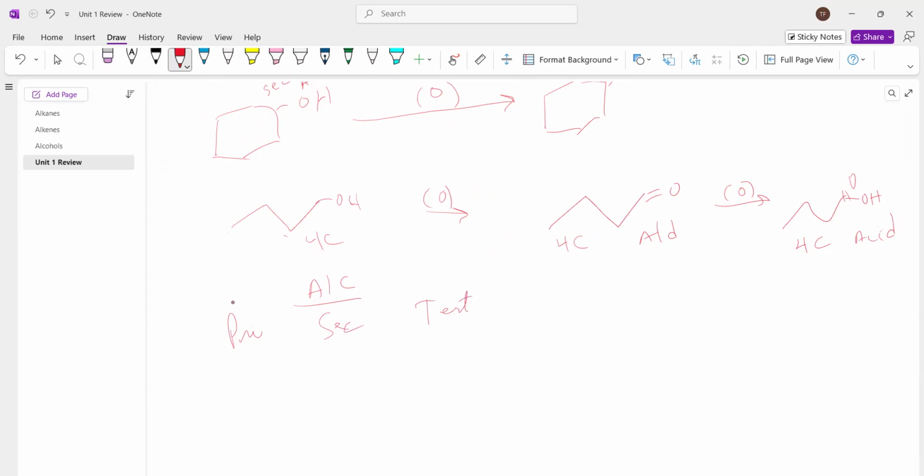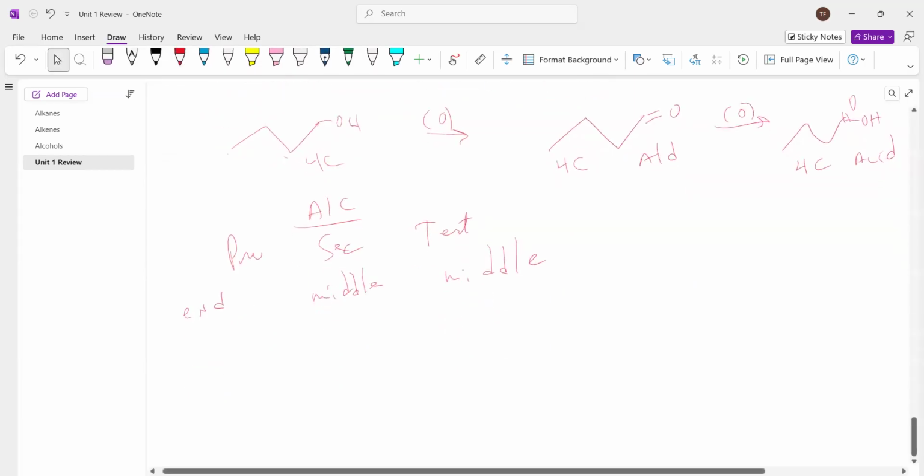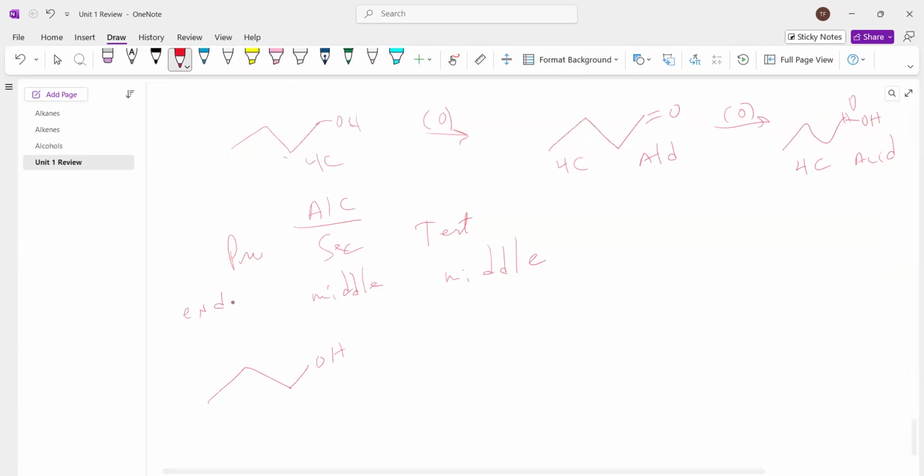Okay, so a primary alcohol is on the end. Secondary alcohols are in the middle, and tertiary alcohols are also in the middle. If it's on the end, that means there are two hydrogens here.